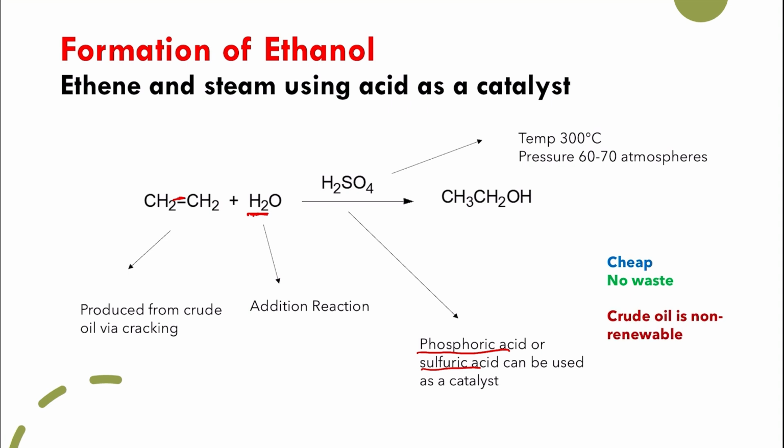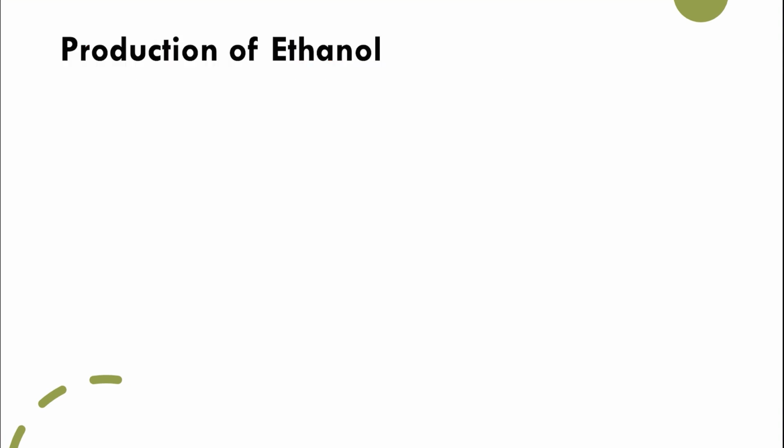However, the main source of the ethanol is ethene, which is produced from crude oil, and we know that crude oil is a non-renewable source of energy, so it will eventually disappear, and then the whole process is going to be very expensive.